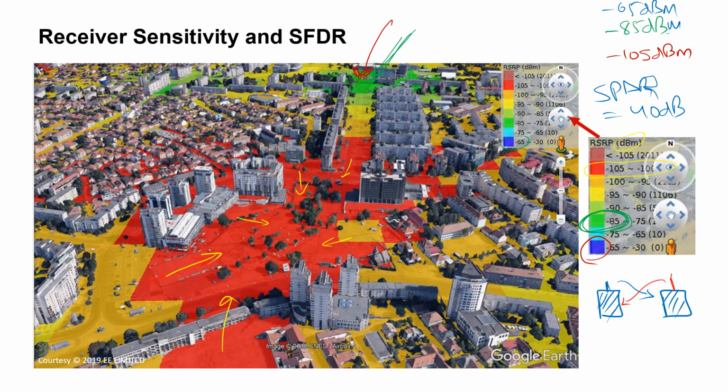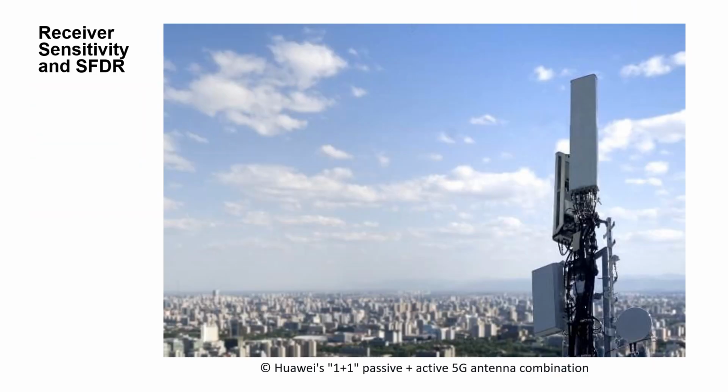So all these things are extremely important if you're radio frequency engineers, and perhaps you will be able to define or design some of these systems. This is one example of a Huawei 1+1 passive plus active 5G antenna combination. This is a kind of base station that is providing similar coverage in a city or in a park area plus some other buildings, and the spurious free dynamic range of mobile phones is actually defined by the radiated power of these base stations.